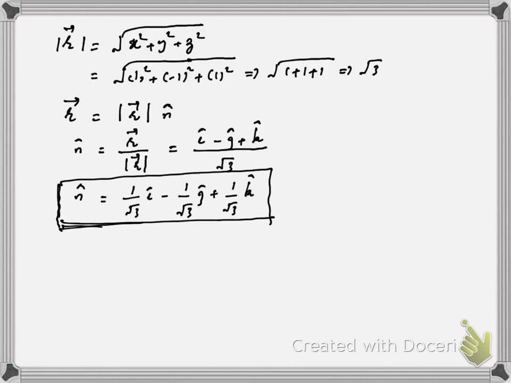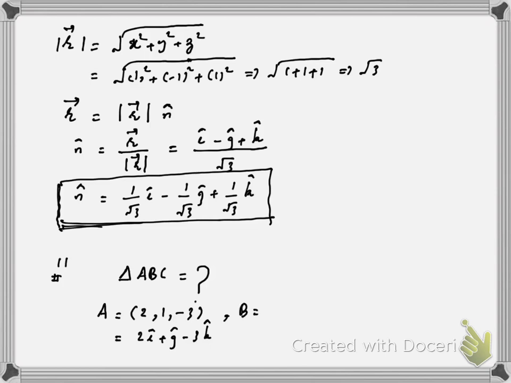Now come to the next question, question number 11. We have to find the area of triangle ABC if A, B and C are given. A is equal to 2, 1, minus 3, that is 2i cap plus j cap minus 3k cap.